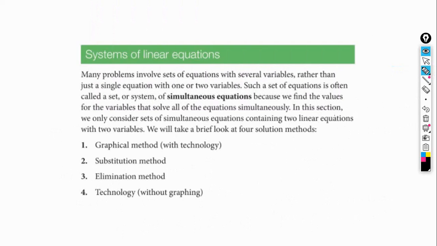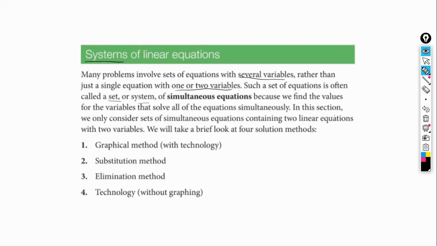Very well, so next we're going to study systems of linear equations. So notice the word systems, right? So many problems involve sets of equations with several variables rather than just a single equation with one or two variables. Such a set of equations is often called a set or a system of simultaneous equations because we find the values for the variables that solve all of the equations simultaneously.